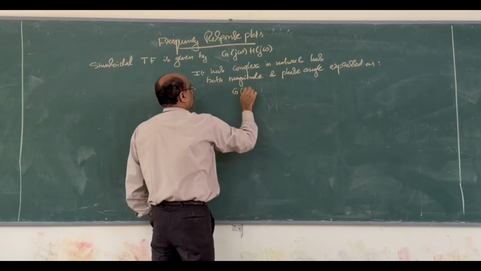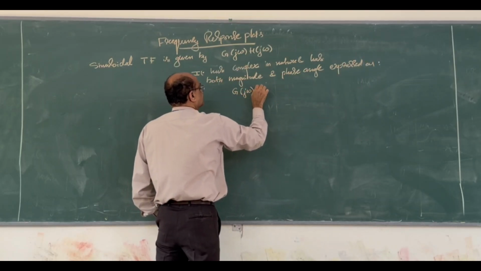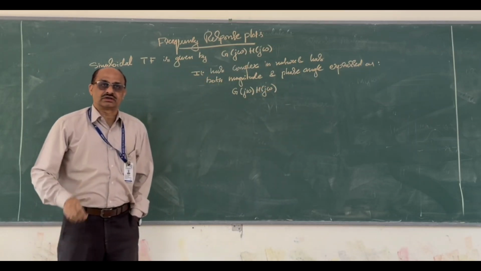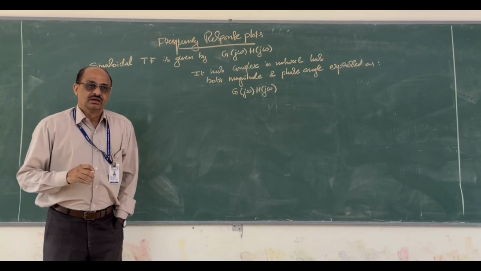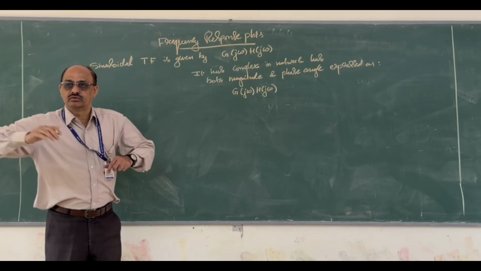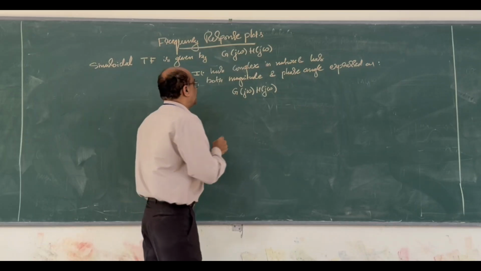Expressed as G(j omega) H(j omega), which is nothing but your sinusoidal transfer function, which means that the input applied is sinusoidal. We would like to analyze the response of that.